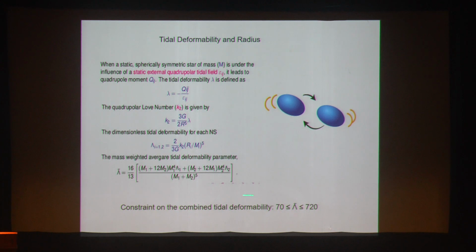And we express this in terms of a dimensionless quantity, R divided by mass, to the power 5. So this was a measurable quantity, a tiny quantity. It appeared in the fifth post-Newtonian term, so it is a very small quantity.